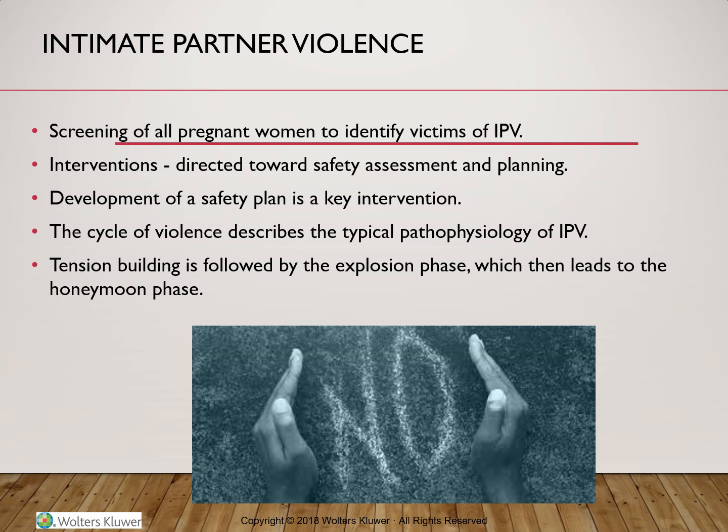Pregnancy is a particularly vulnerable time for a woman. Intimate partner violence may escalate during pregnancy, especially if the pregnancy is unplanned. Some data show that up to 8% of all pregnant women will experience abuse at a certain point during pregnancy. And in some cases, the victims may even die as a result of the abuse.